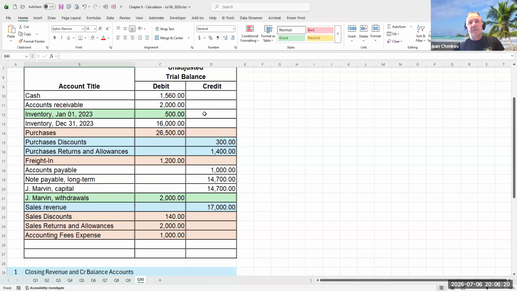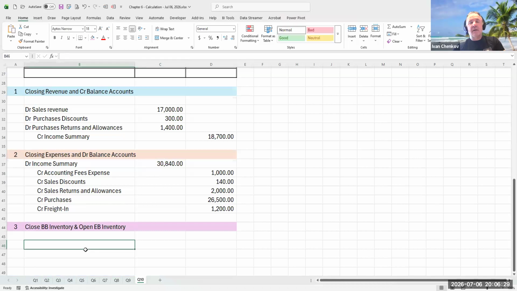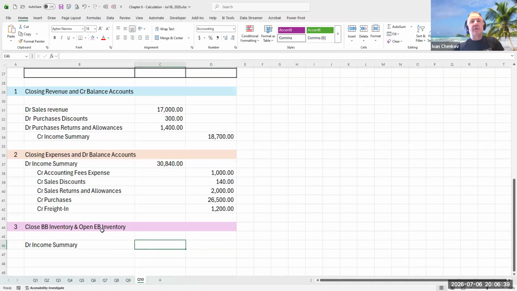I want to bring it to zero. So what do I have to do? I have to credit it. So if I credit it, I have to debit something. I have to debit income summary, and I have to debit income summary with $500.